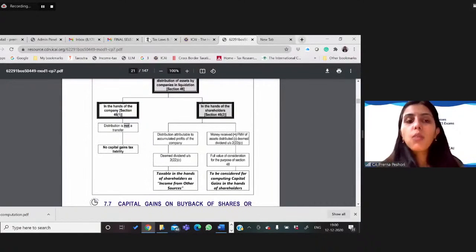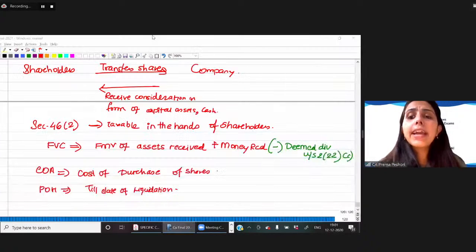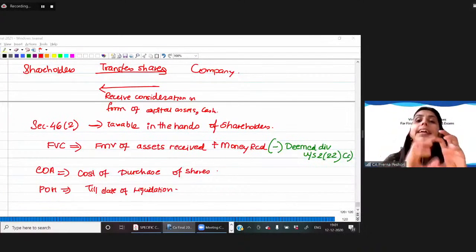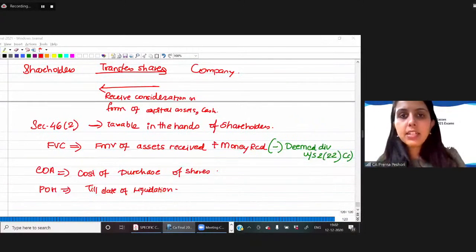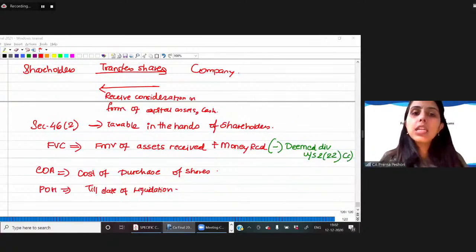Anjali, I will repeat why we have deducted deemed dividend. Muthulakshmi, yes, indexation benefit will be applicable on the period of holding. So, Anjali, why do I reduce this deemed dividend? Deemed dividend is what? To the extent of accumulated profits, to the extent you have the reserves and surplus in your balance sheet, to that extent, if you distribute your capital asset, that will count as deemed dividend.